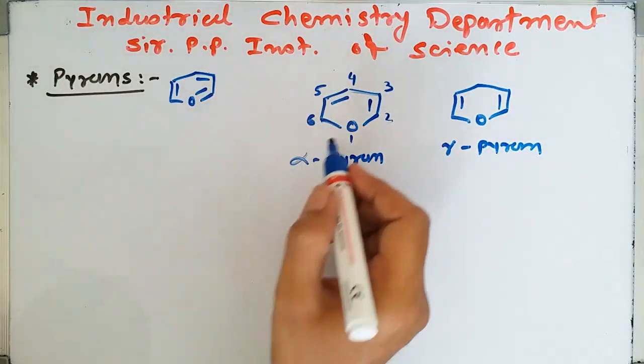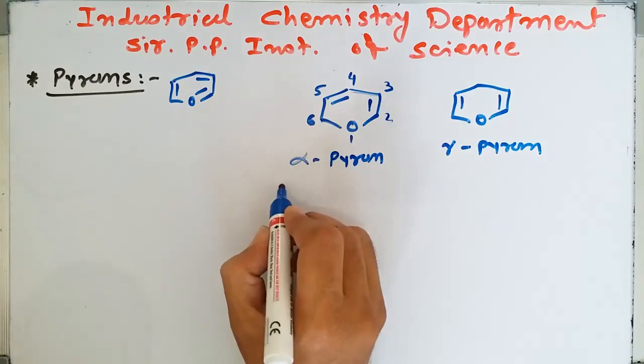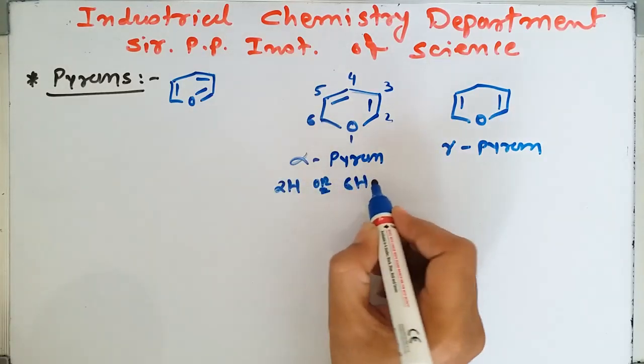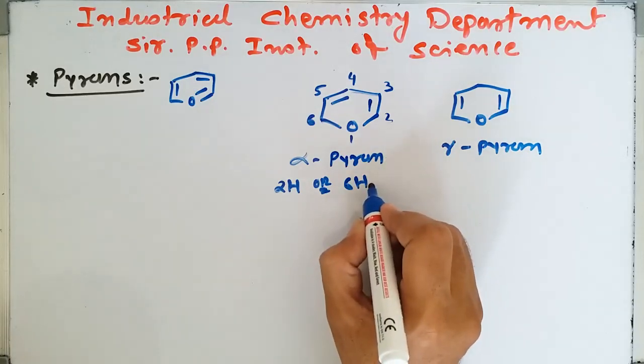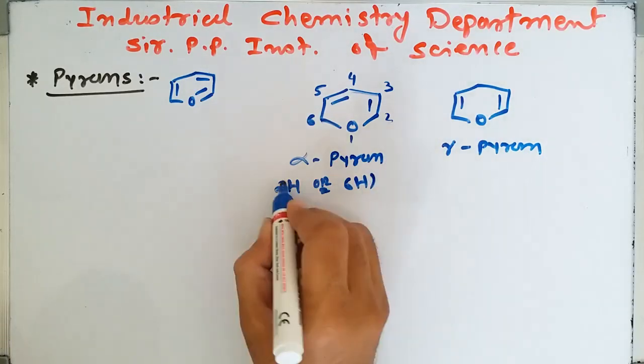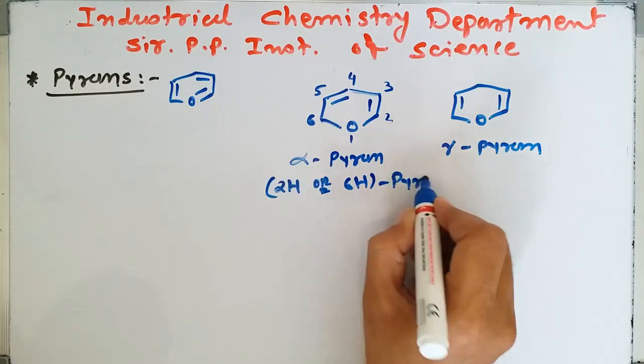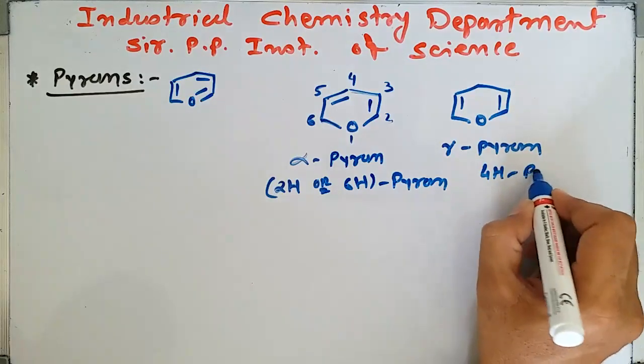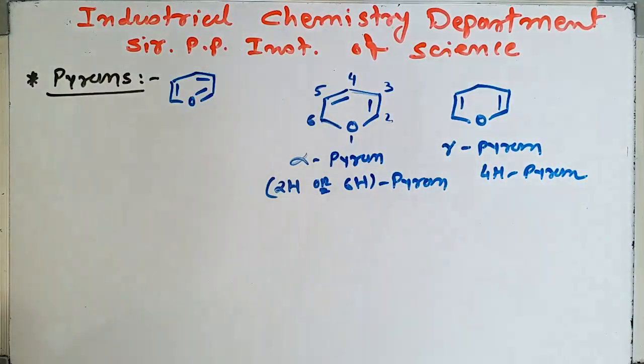If we write alpha pyran as 2H or 6H pyran, and this is 4H pyran. So these are the two tautomeric forms of pyran. These are very important tautomeric forms of pyran.